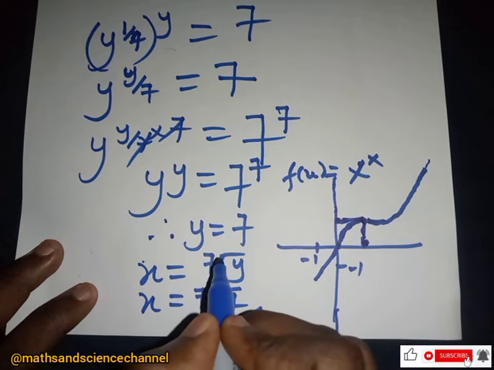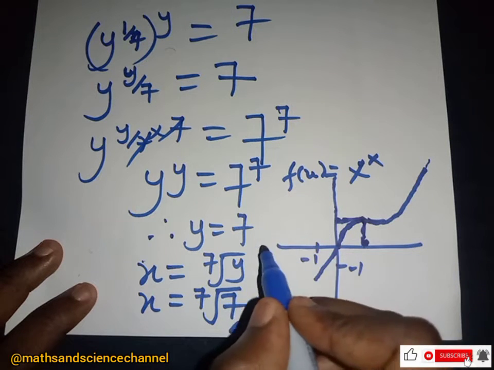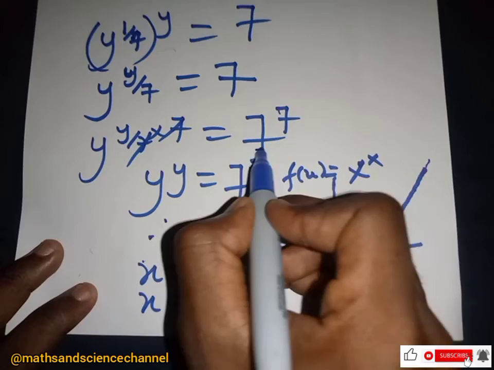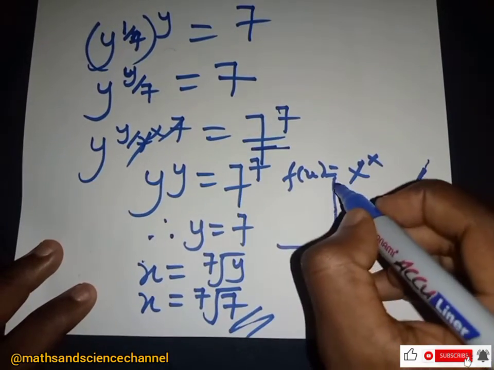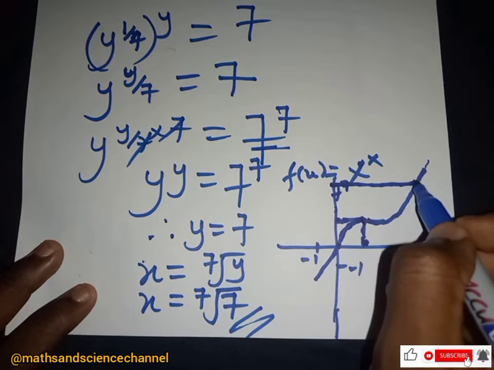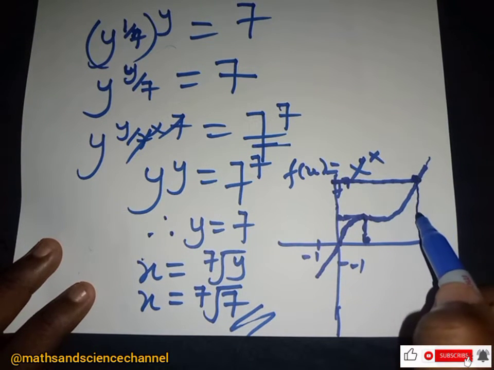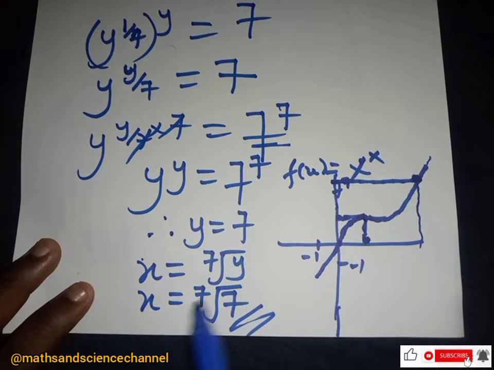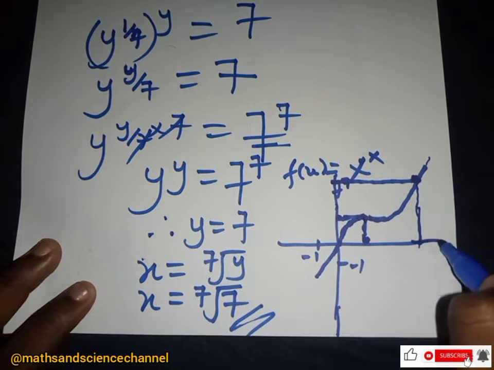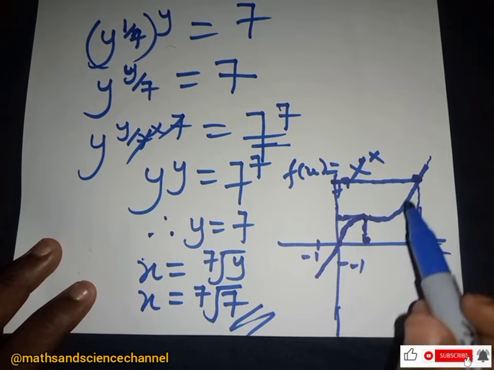But then what if f of x is equal to 7 to the power 7, since that is what we are looking for in this case? For 7 to the power 7, it's just going to have only one value, so this actually proves that we have only one value of x in this case. So it's going to be somewhere around the 7th root of 7 in this case, right?